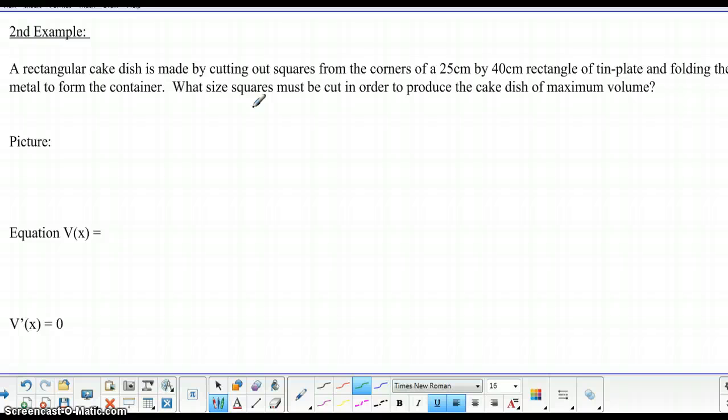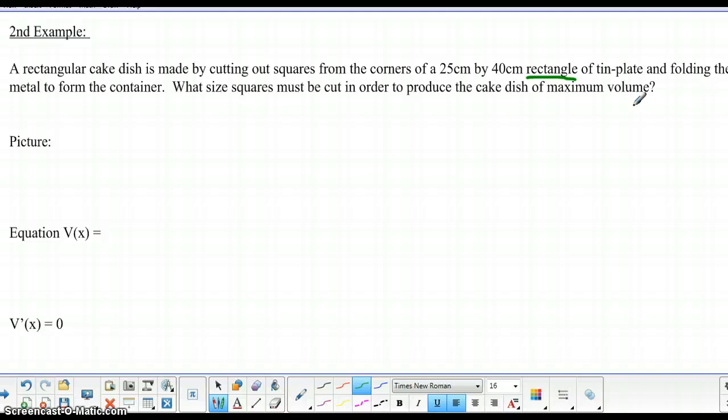So again, we want to first understand the problem. Here we have another rectangle, and it has sides of 25 centimeters by 40 centimeters. Our material is tin, and I'm going to have to cut out the same size square from each corner. And again I want to find a maximum, and this time a volume, a maximum volume.